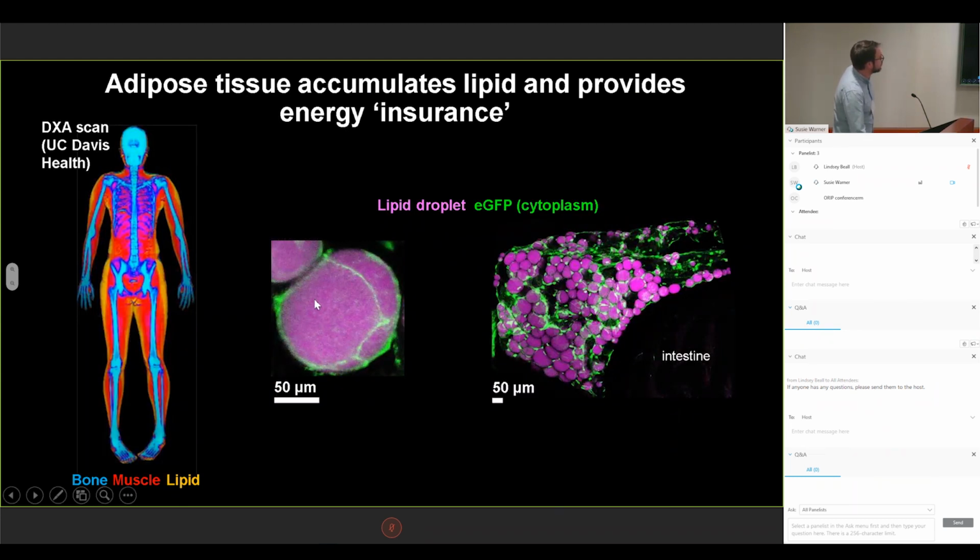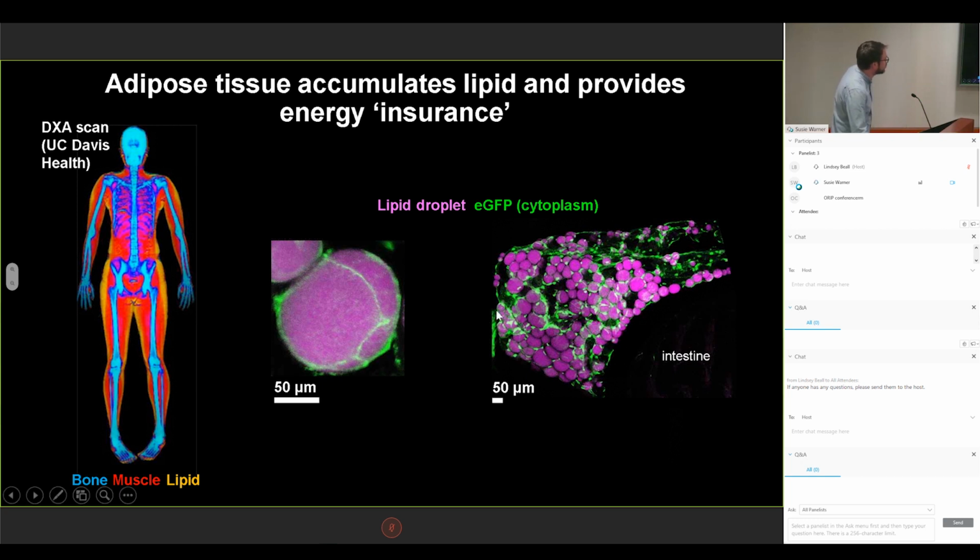So just to give a brief intro on adipose tissue, I'm sure we're all aware, but adipose tissue is this distinct organ distributed throughout the body and accumulates lipid. You can see here in this DEXA scan of a human, lipid is in this yellow color, and it's in all of these anatomically diverse places.